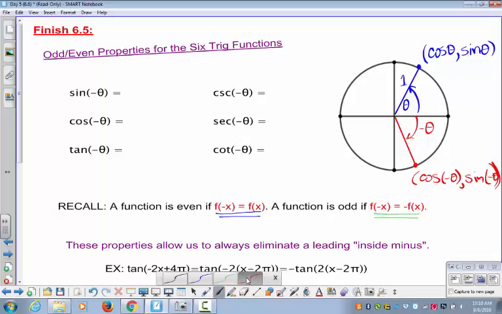Any question up to that point? So whatever angle gets you to a terminal point, the coordinates of that terminal point on the unit circle are cosine of that angle, sine of that angle. Doesn't matter how many times you rotate around, doesn't matter if you go clockwise or counterclockwise.